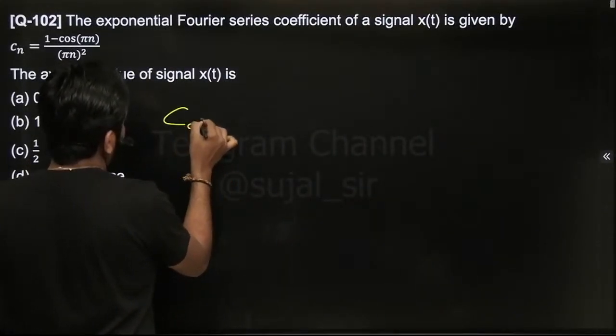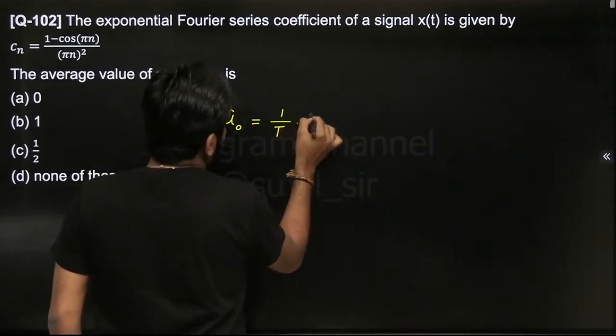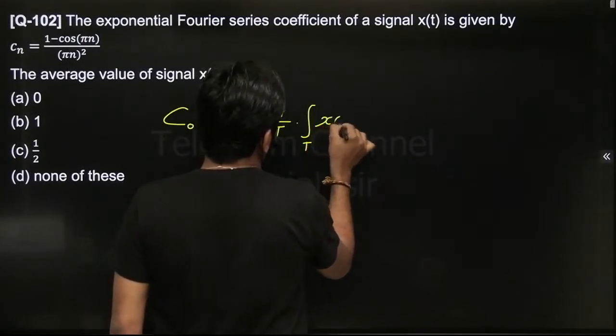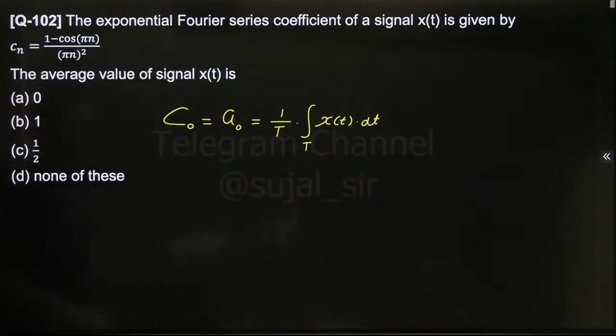Average value is nothing but C0, also known as A0, that is 1 by T integration over a fundamental time period of x of t dt. Now Cn is given and we have to find C0.